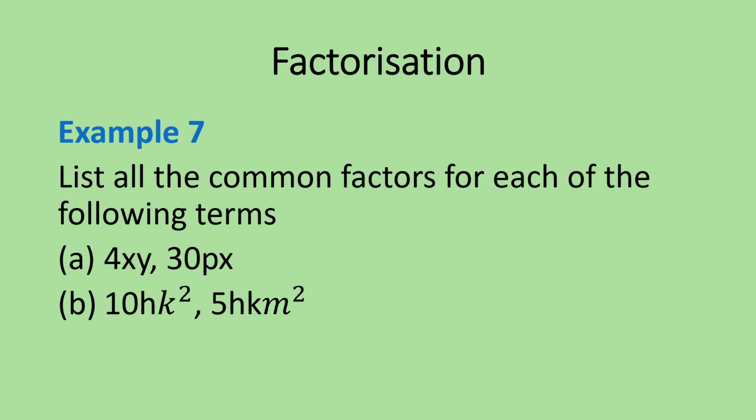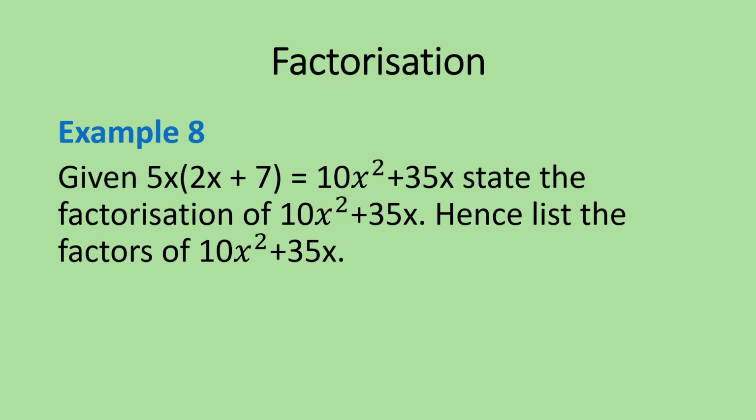Now, the next one: given 5x multiplied by 2x plus 7 equals 10x squared plus 35x, state the factorization of 10x squared plus 35x. Hence, list the factors of 10x squared plus 35x.